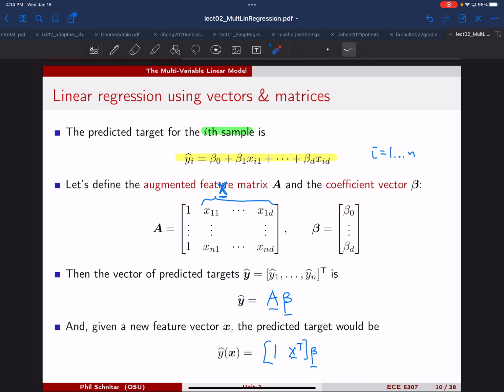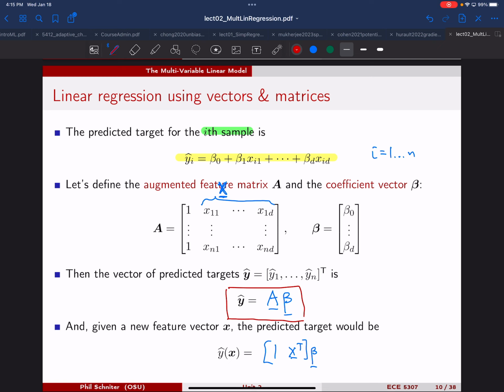It just stands alone. So finally, after defining this A matrix and this beta vector, we get this concise expression for our multivariable linear model: the prediction vector y hat is this A matrix times the beta vector.